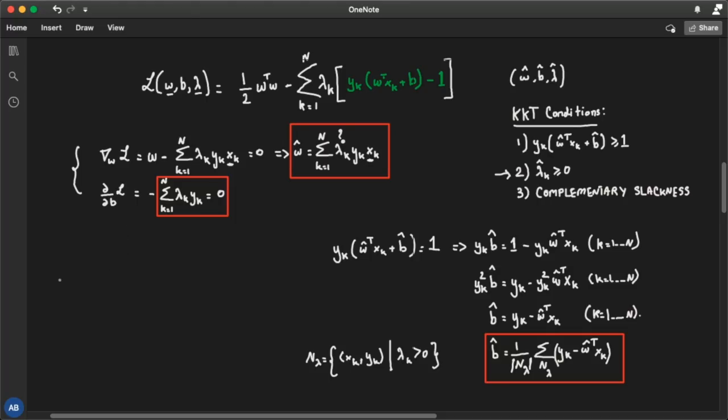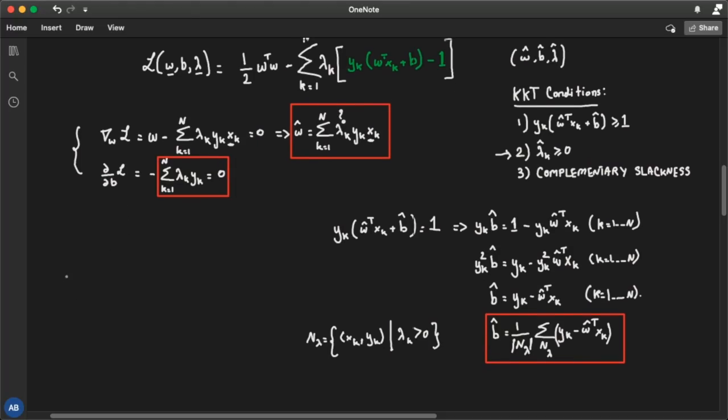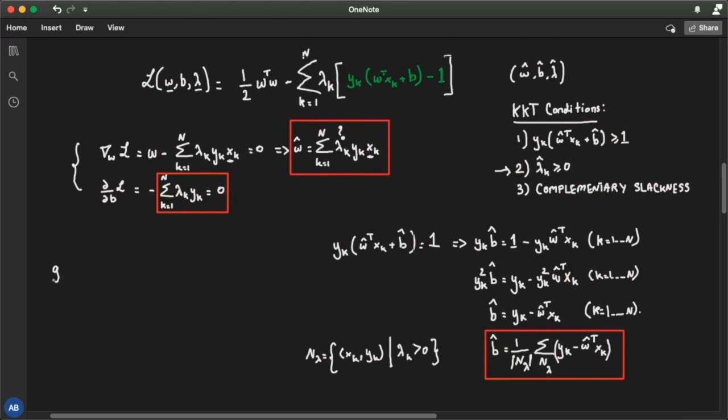In my lectures, I denote it as g of lambda. So g of lambda is actually the infimum, but in this particular case, it's the min on w and b of the Lagrangian function, that is L of w hat, b hat, and lambda, where lambda is the unknown.